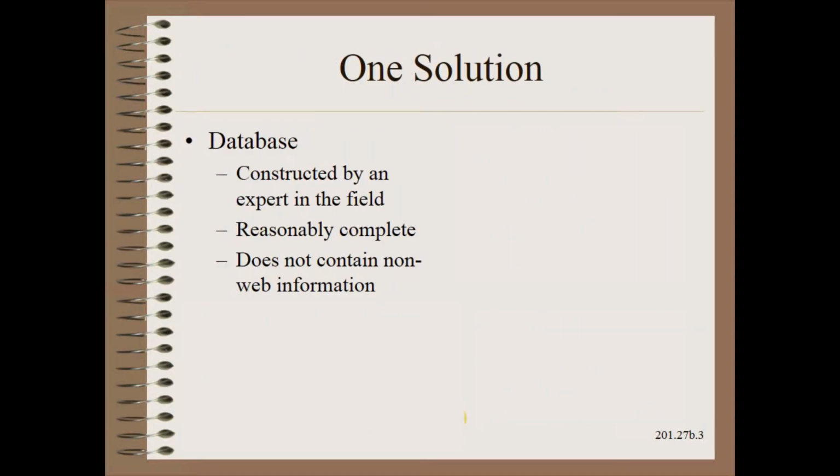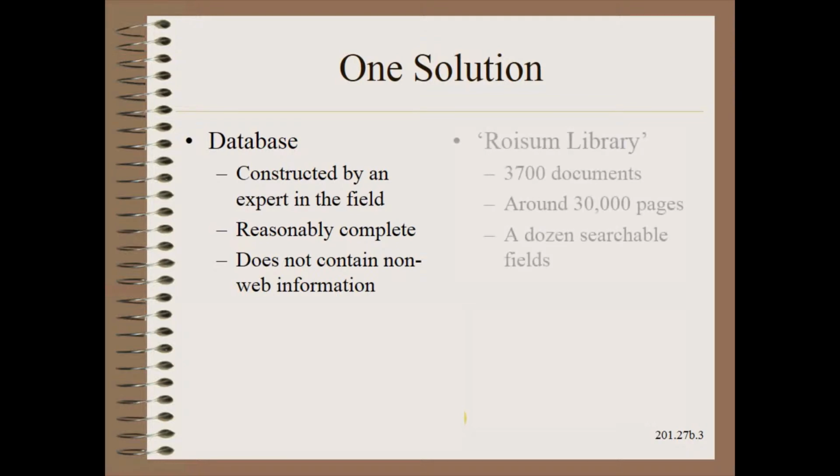One solution would be to create a database solely for the purpose of holding web handling related articles, books, columns, and so on. To be ideal, it should be constructed by an expert in the field, consistently keyworded, and reasonably complete. This database has been a project I've grown and tended to for the last quarter century.